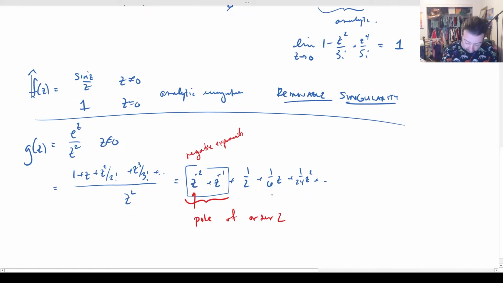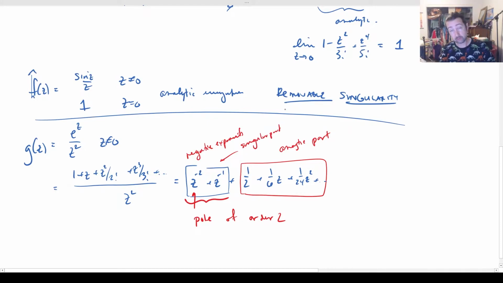With a little bit of terminology here, this part of the expansion is usually called the analytic part because it's analytic everywhere, and this part is called the singular part because it encodes the behavior of the function at the singularity.